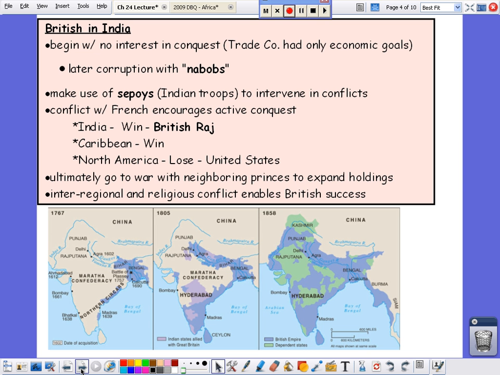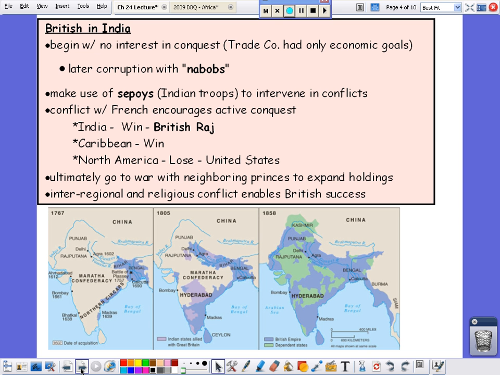And so they are sending British men to India with that goal in mind. Go and make money through trade. And these British men come to be nicknamed Nabobs. They are wildly selfish and corrupt and are looking out only for themselves.